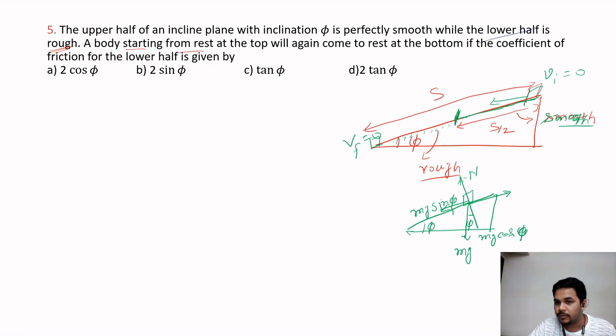That friction force is mu into N. There is no motion perpendicular to the inclined plane, so normal equals mg cos phi. So friction force is mu, the coefficient of friction, into mg cos phi.